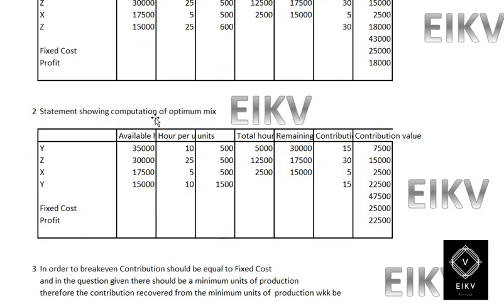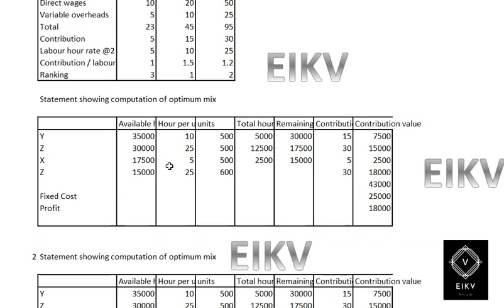Now, statement showing computation of optimum mix. If the remaining hours are used optimally, the computations are the same as the above table, and after computing that we have an excess of 15,000 hours, which shall be used for the manufacture of product Y, because Y is ranked first.